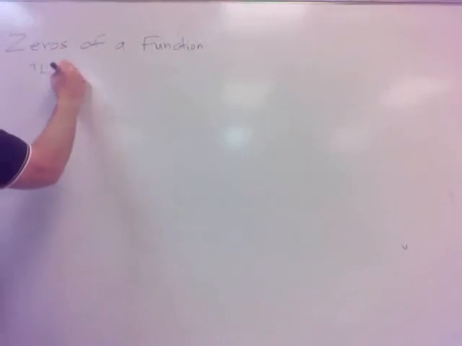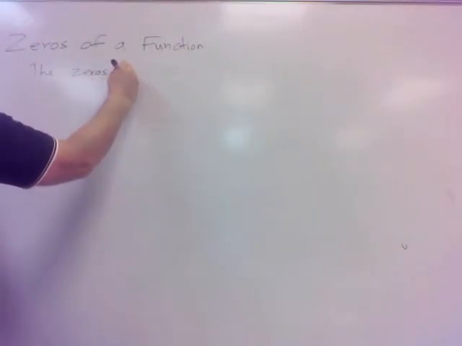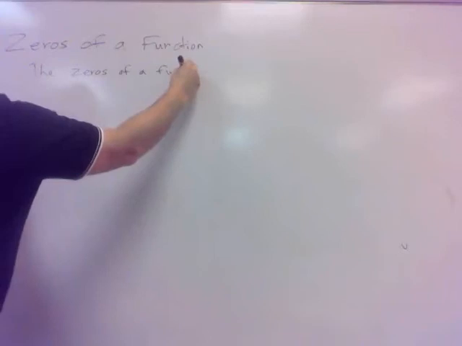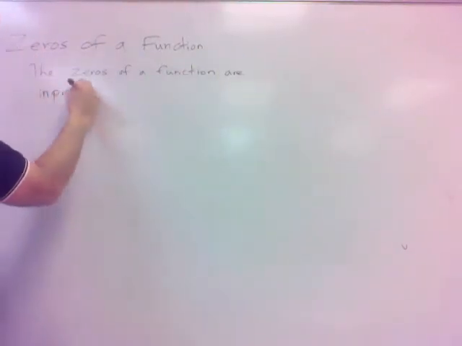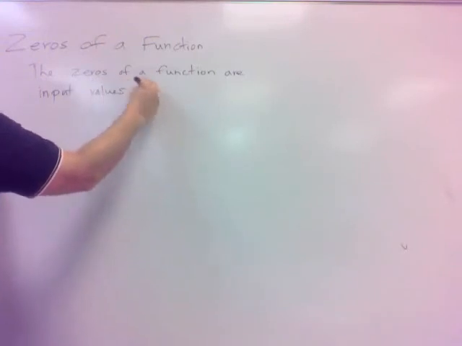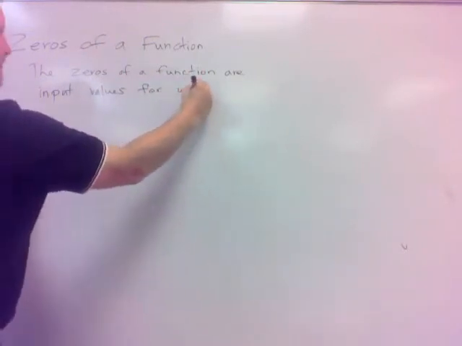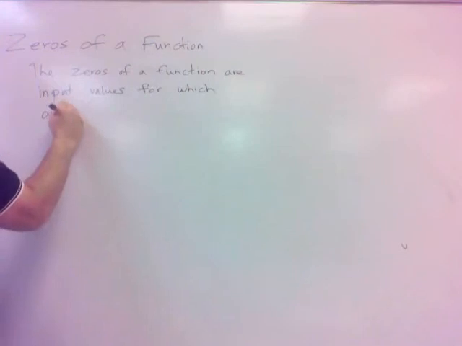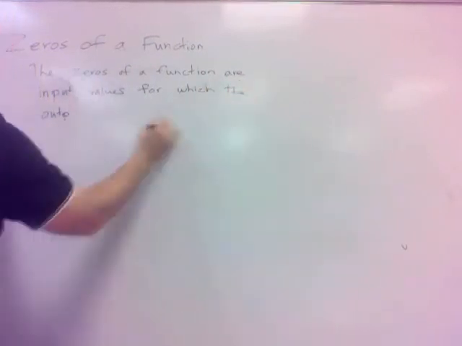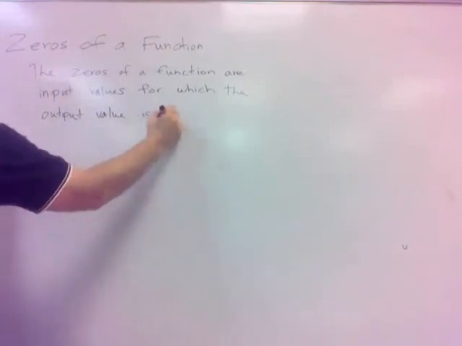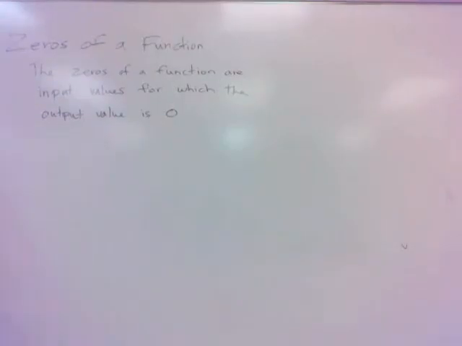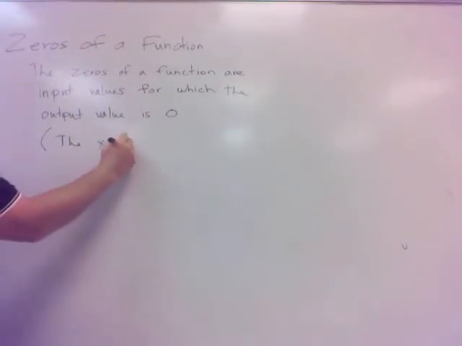The zeros of a function are input values, x values for which the output value is 0. Input values for which the output value is 0. Or, in normal notational terms, it's the x values for which f of x is 0.